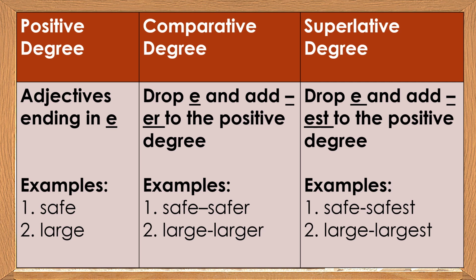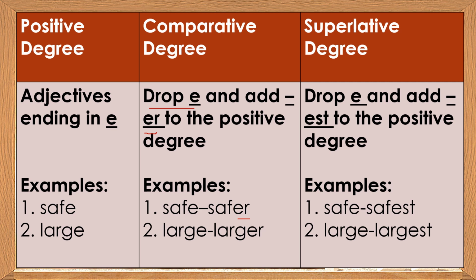Now let's move on to the next rule. For adjectives ending in e, say for example we have the word safe as the positive degree. When we move on to the comparative degree, we're going to drop e and add er to the positive degree. So from our word safe, it becomes safer.